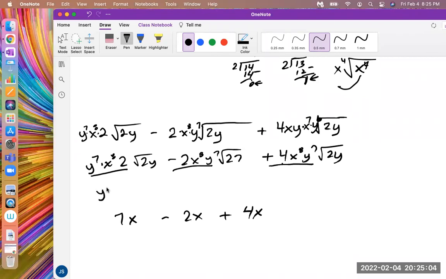So it's y to the 7th, x to the 8th times 2. Okay, so that's 2x to the 8th, y to the 7th minus 2x to the 8th, y to the 7th. So that's exactly the same expression, but I switched the x and y, and they could be switched because multiplication is commutative.